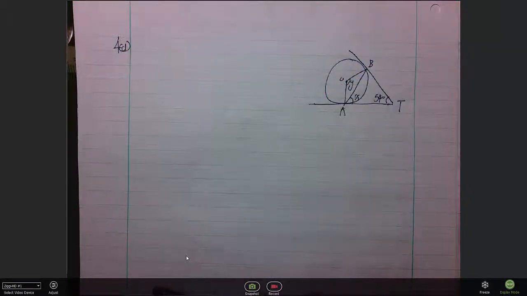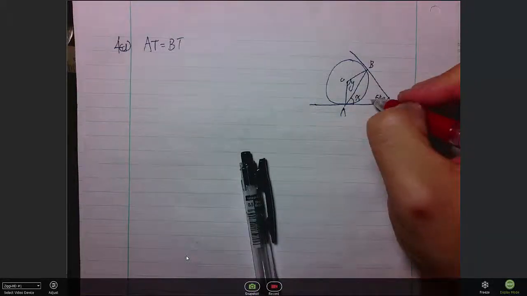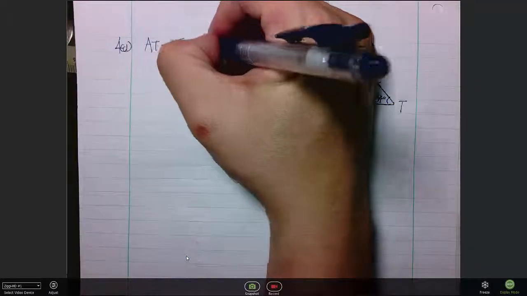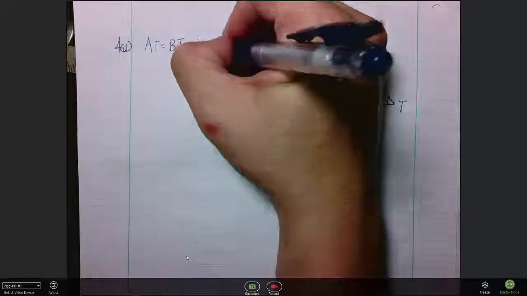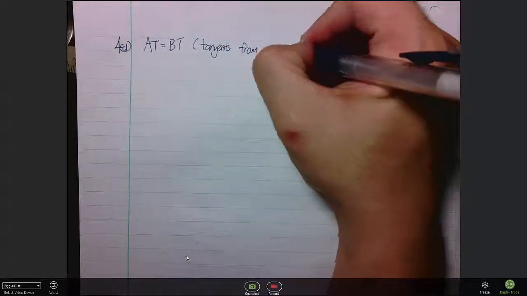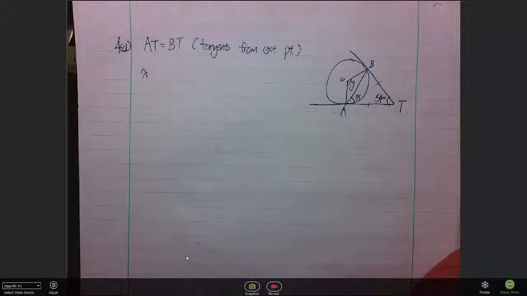Straight off the bat, I can say that AT is equal to BT, because these two are tangent to the circle and they link to an external point T here. So we can say that AT equals BT, and the reason being tangents from external point. Then straight away, since AT equals BT, this forms an isosceles triangle.